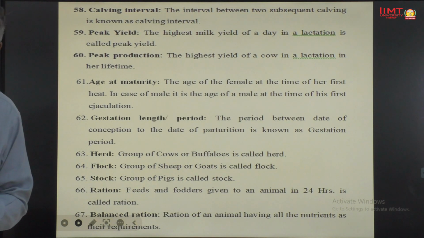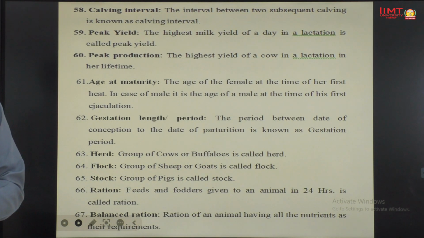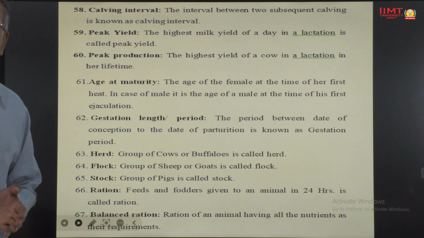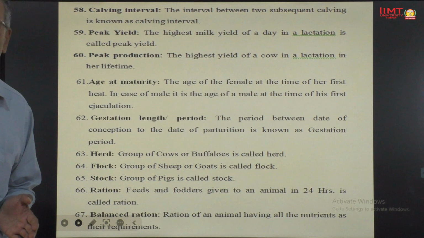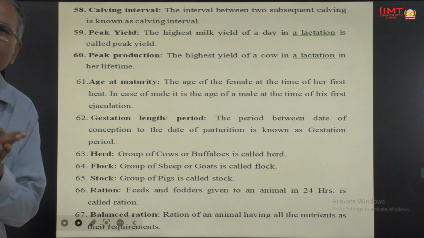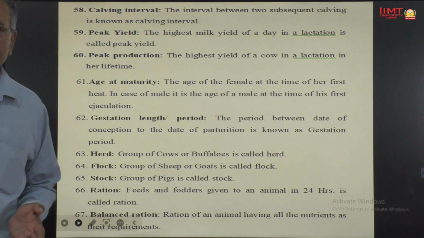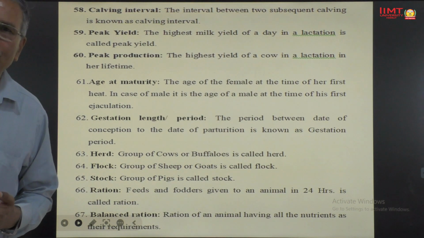In animal nutrition, you have the terms ration and balanced ration. What is ration? The feeds and fodder given to an animal in 24 hours is known as ration. 24 घंटे में जो भी पशु को खिलाया पिलाया जाता है वो राशन कहलाता है. And what is balanced ration?